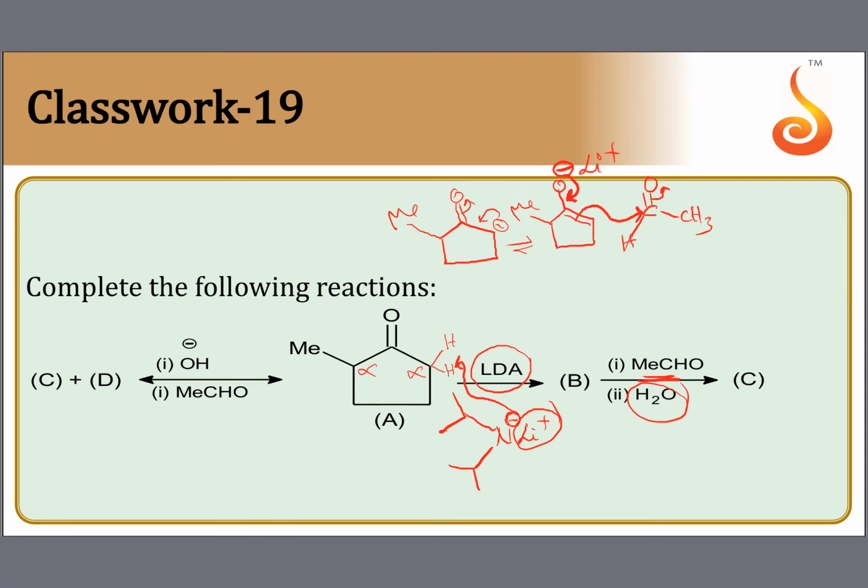So what is C? You see here methyl, C double bond O, alpha carbon making bond with carbonyl carbon of acetaldehyde. OH here, CH3. Okay, children, that is the product.